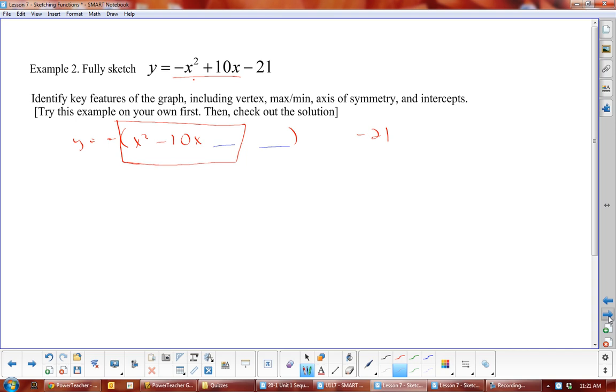Anyone remember how to find this term? Take negative 10, divide by 2, then square it. So we will always take this number here, divide by 2, then square. Negative 10 divided by 2 is negative 5. Negative 5 squared is plus 25.